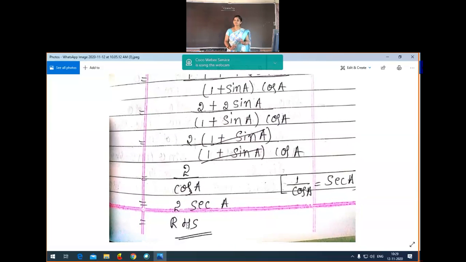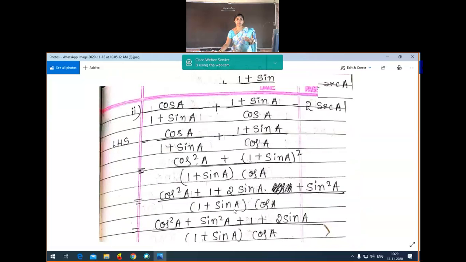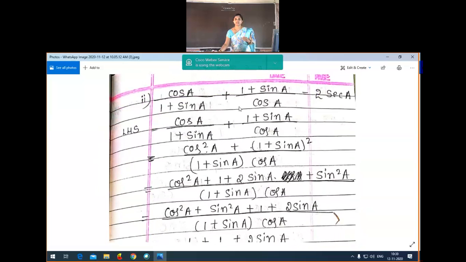Got the idea of this problem, students? Very simple problem. Only one thing you have to notice while solving this problem. Just take the LCM of these two, then apply the next step. Then only one identity you are using here, the algebraic identity a plus b whole square.